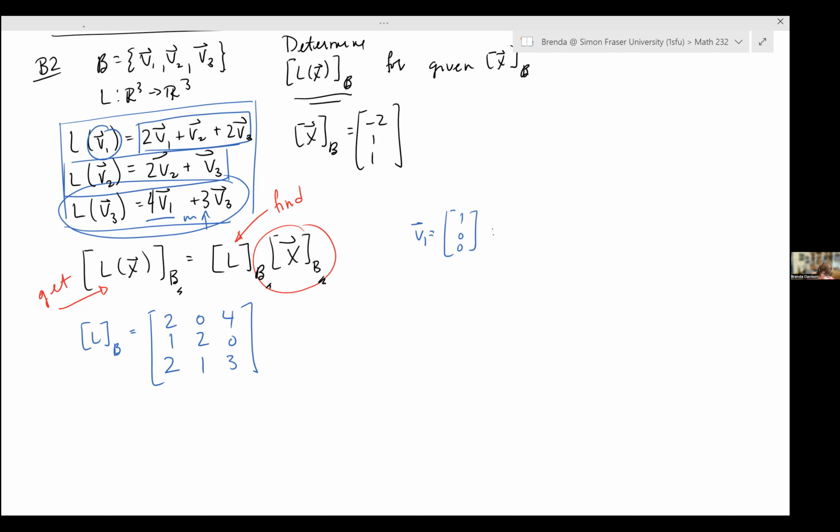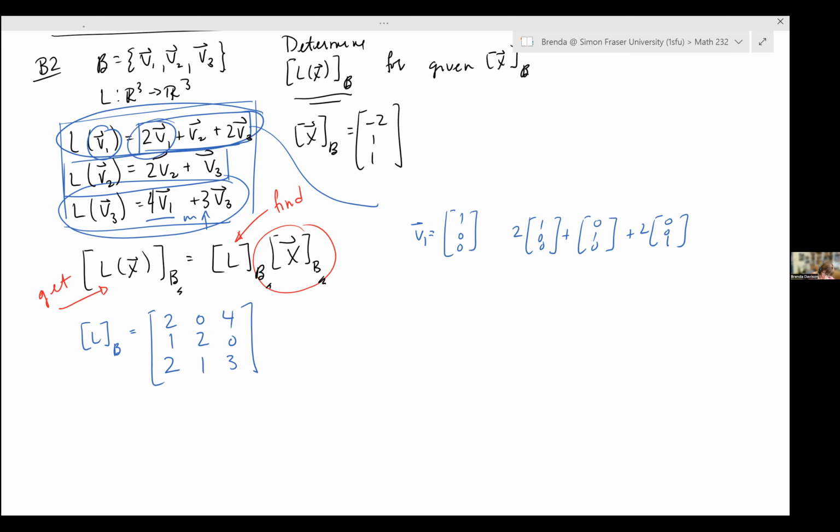In this first statement, v1 is this, and what's going to happen to v1 is it is going to be 2 times 1, 0, 0 plus 0, 1, 0 plus 2 times 0, 0, 1.